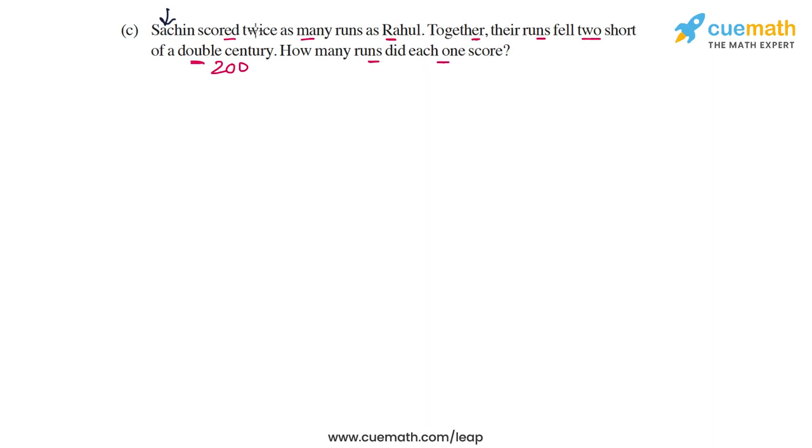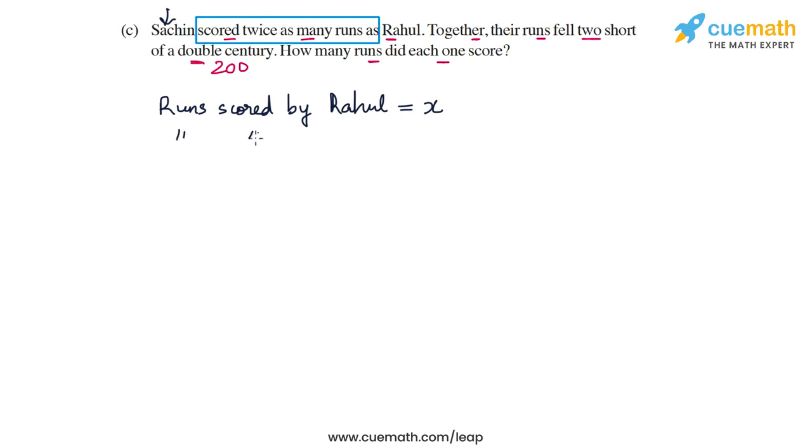So the key part of the problem statement is Sachin scored twice as many runs as Rahul. So let's assume that runs scored by Rahul is a variable, say x runs. This means that runs scored by Sachin will be twice of this number, so twice x or 2x.